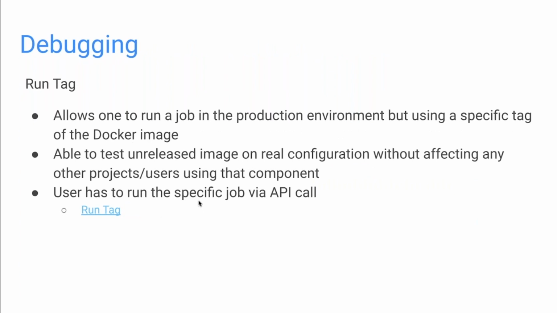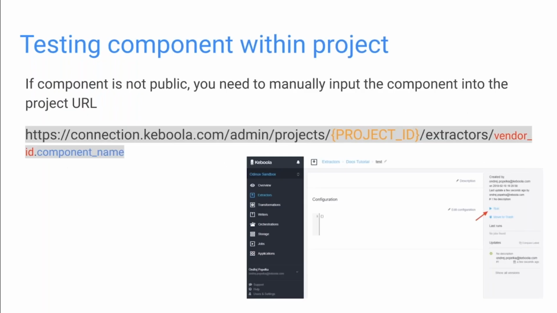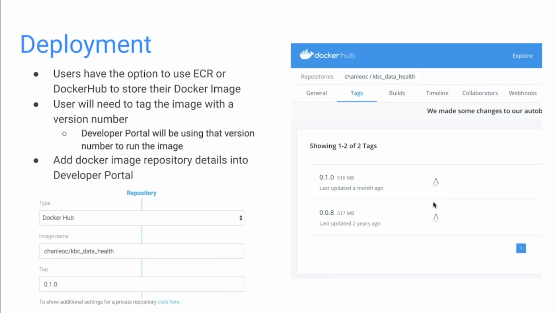Run tag allows a user, so let's say you're developing a new version of the component itself, to run the job in the production environment using a specified tag of the Docker image. Back then we mentioned Docker images over here, right?